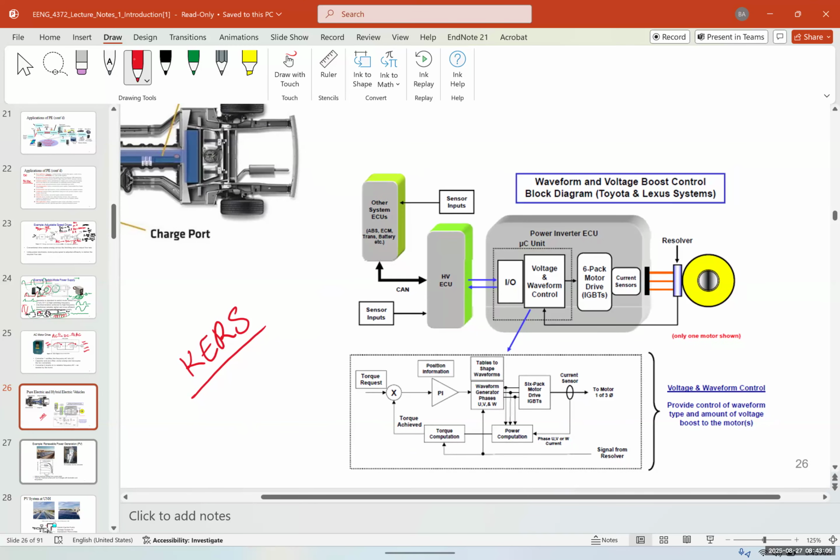Does it use like a magnetic field to charge the battery? Yes, that's exactly it. That's a great point and a great question. When you push the brakes, I don't know if you've driven a hybrid or electric, but the brakes feel a little spongy because for the first 10% when you push the brakes, it immediately cuts the power, and when it cuts the power, the wheels are still spinning, and the motor is still spinning, so now it acts like a generator.